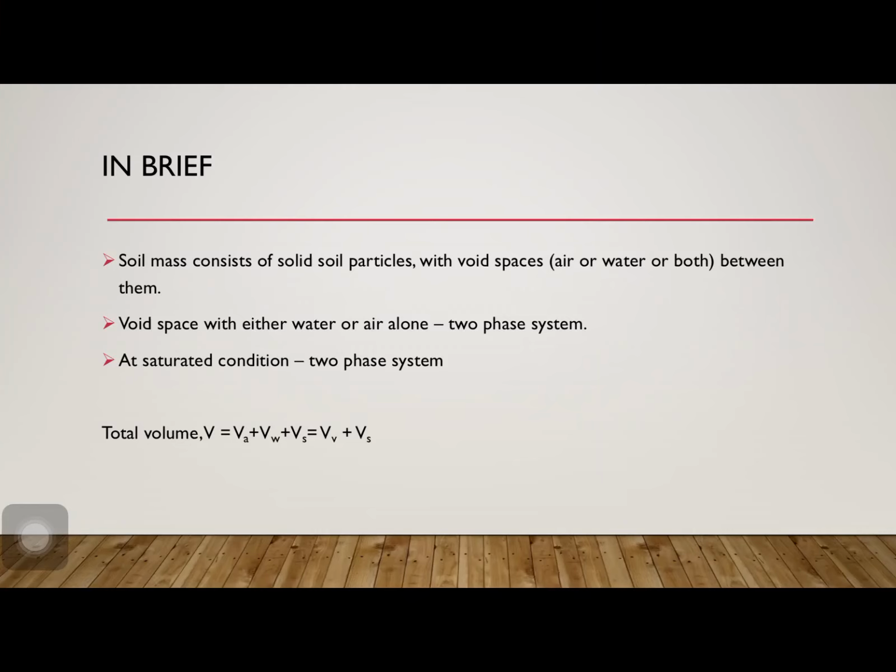So we can substitute VV, that is volume of voids, for volume of air plus volume of water. So we get the total volume V equal to VV plus VS. I'm sure you are familiar with this annotation, so I have not written it separately. So this is in brief about the three-phase system. Let's go into the properties in detail.